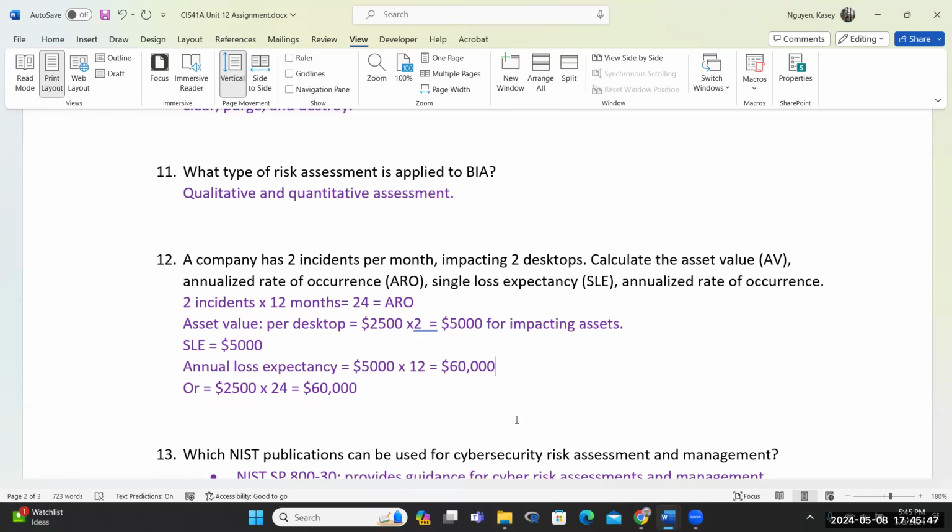So always start out with the number of incidents, then you move your way into looking at asset value and how many assets were impacted in that incident, calculate that, and then look at how much they would lose per incident. And then how many incidents a year, you multiply that and be able to quantify how much they would lose in a year, your ALE.